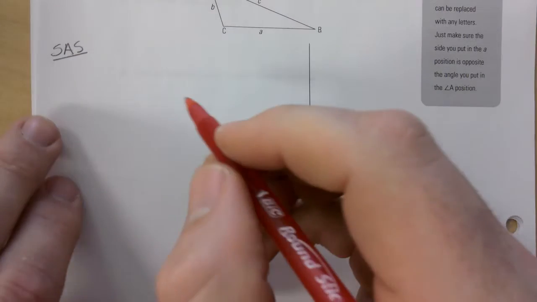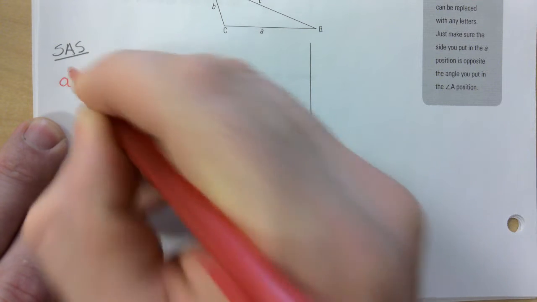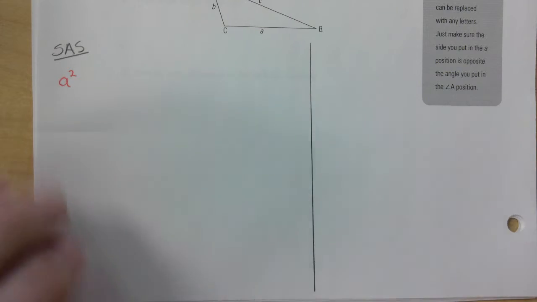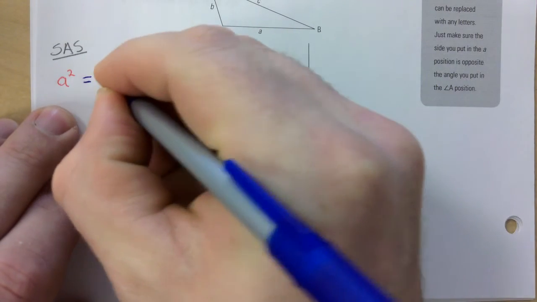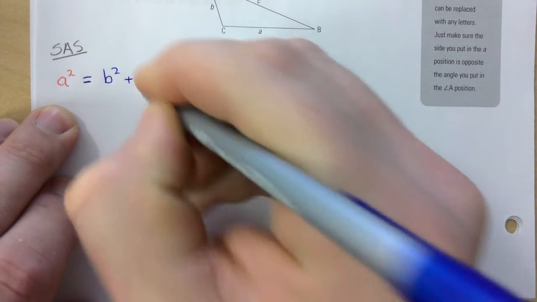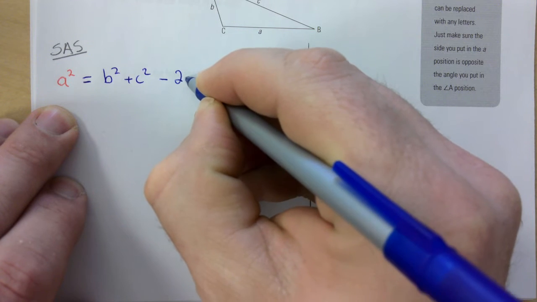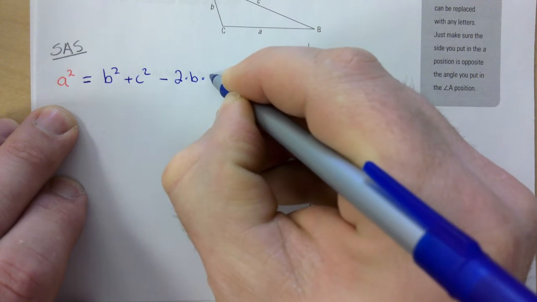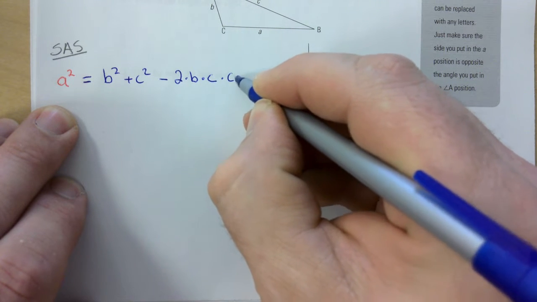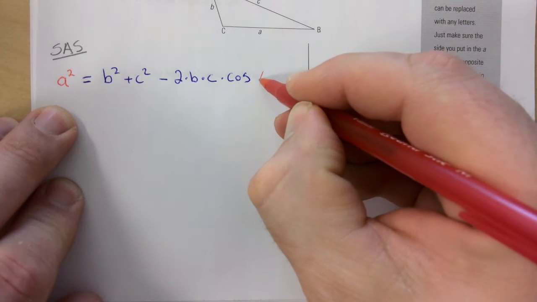So this is the pattern: a squared is equal to, just copy for now, b squared plus c squared minus 2 times b times c times cosine of angle A.